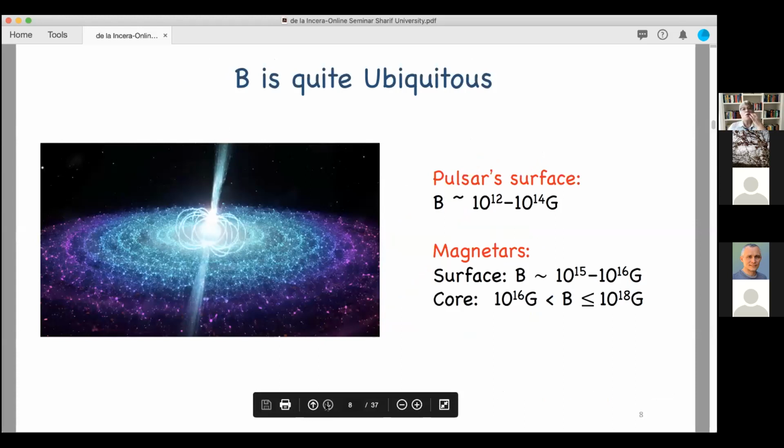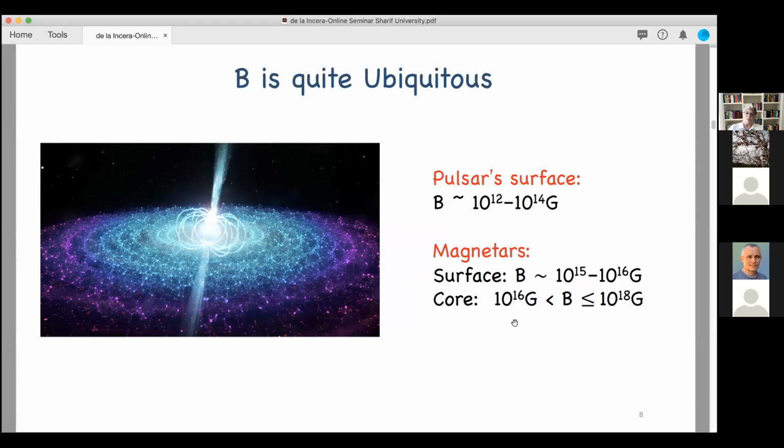Then there's another element that is also very important to be considered, and we should keep that in mind, which is the magnetic field, because we know that stars have very strong magnetic fields, some of them very, very strong, magnetars. On the surface, we have been able to measure the field.